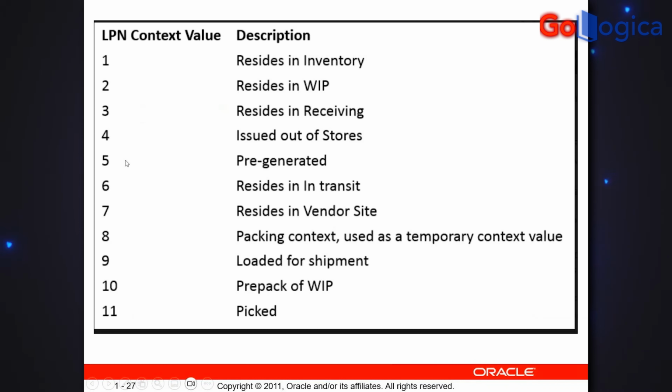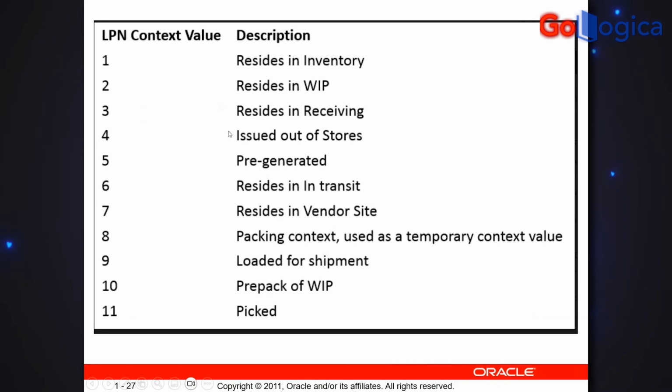Most of them we are aware of. When you have received an LPN and it is already put away and sitting inside your warehouse, the context is 1, which means resides in inventory. It is 4 when it's staged and then ship confirmed. Once it's ship confirmed, it will show issued out of stores.